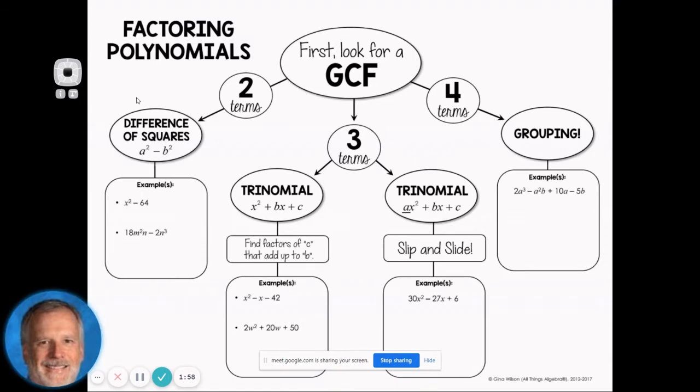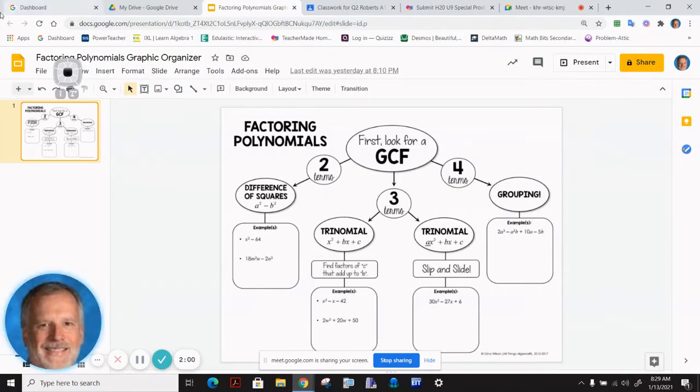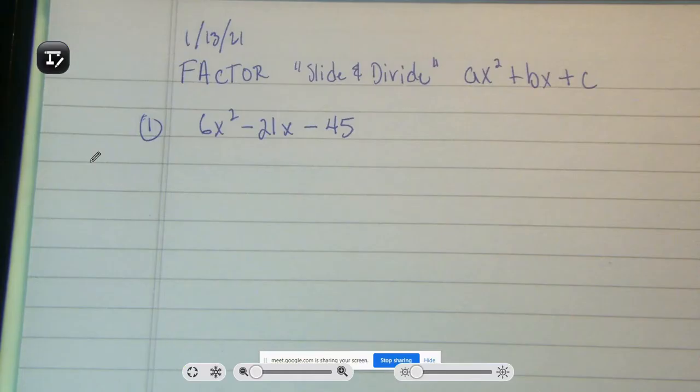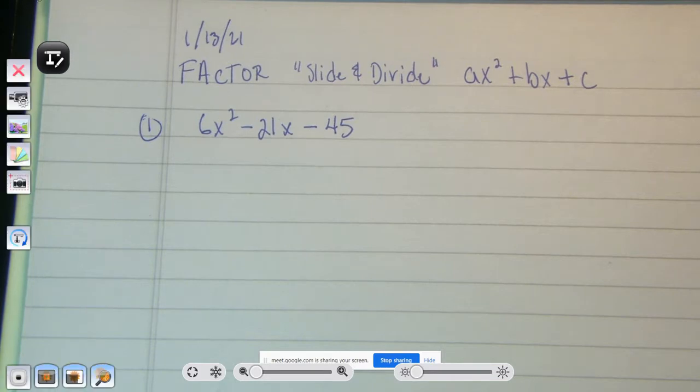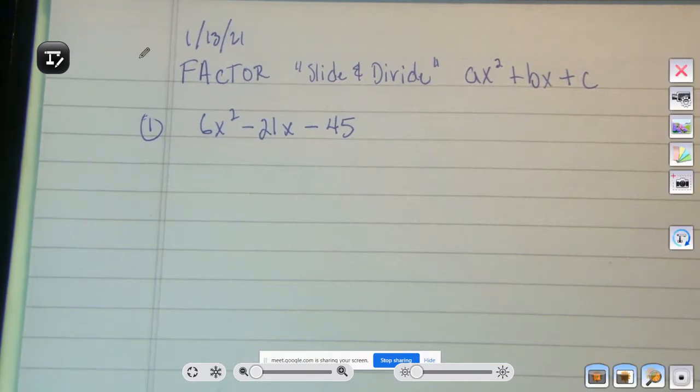So let me show you how we're going to do that, and we're going to do that by taking some notes. So again, if there is a number in front of x squared, the way I've got to factor it is a little bit trickier because the combination of numbers gets to be quite large.